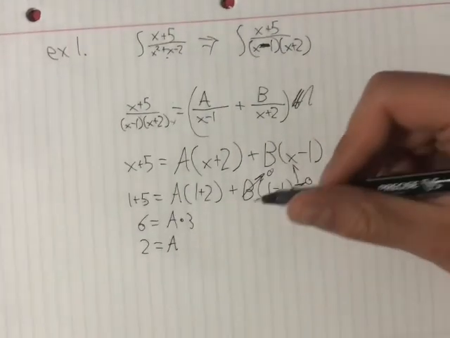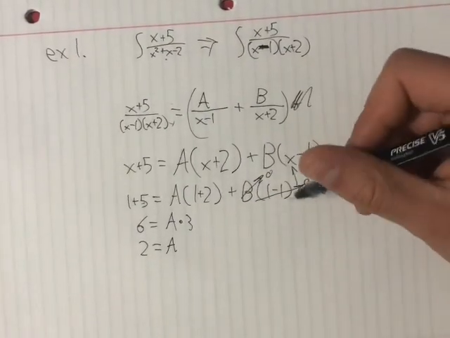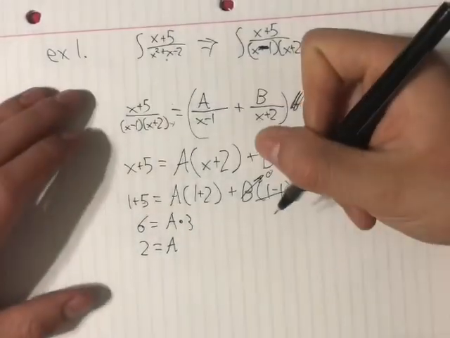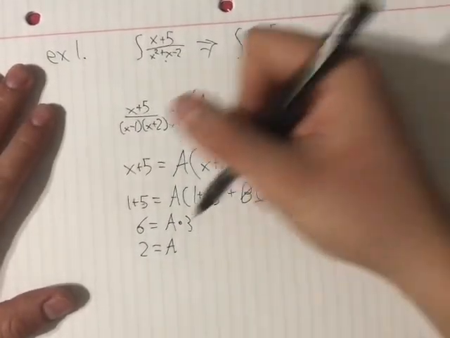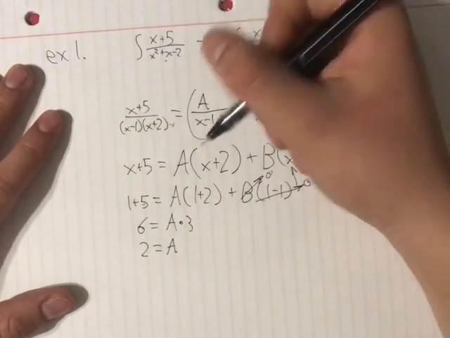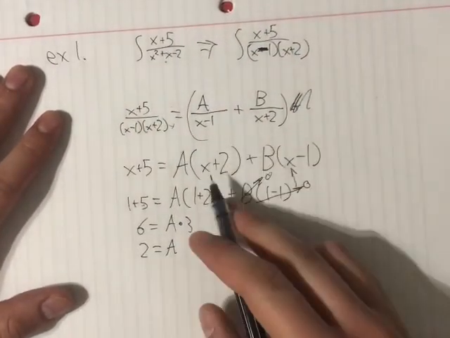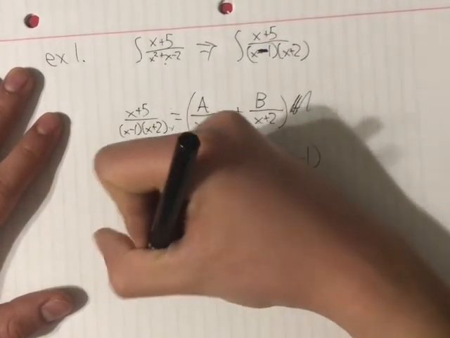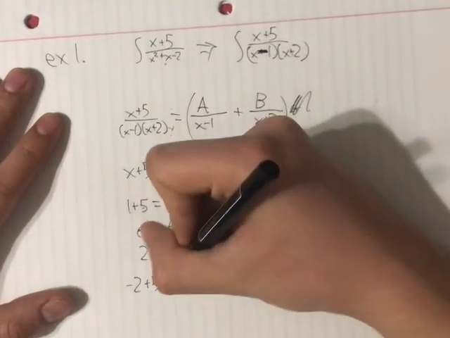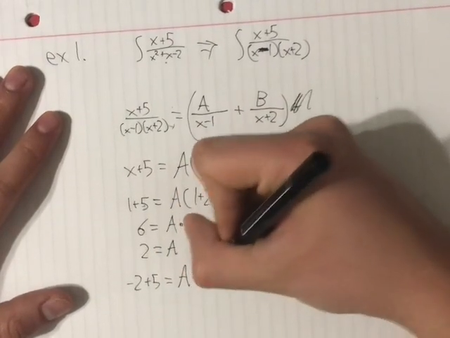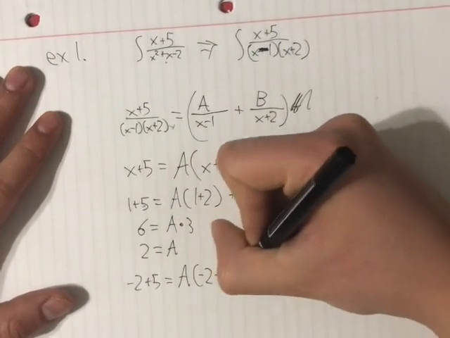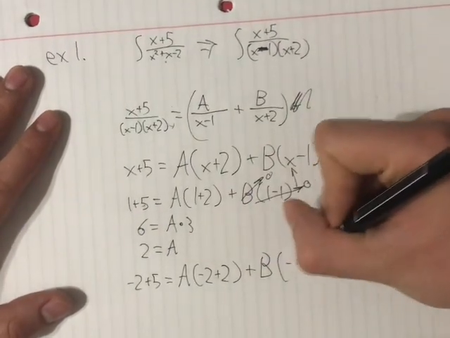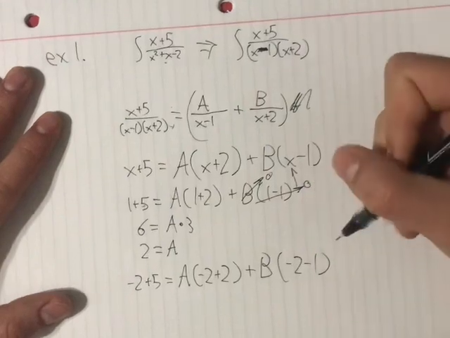So now that we have this value, we're going to want to do the same thing, but instead for b. So for b, obviously, x plus 2, the solution to this is going to be negative 2 to cancel out a. So we're going to have negative 2 plus 5 equals a times negative 2 plus 2 plus b times negative 2 minus 1.